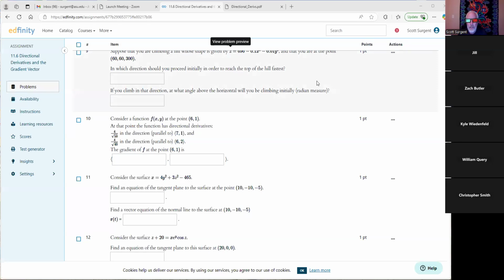Okay, so this is 11.6, number 10, and we have, consider a function f of x, y at (0, 6, 1). I'm going to copy this down. So in the direction of (7, 1), it has a directional derivative of 4 over rad 50.